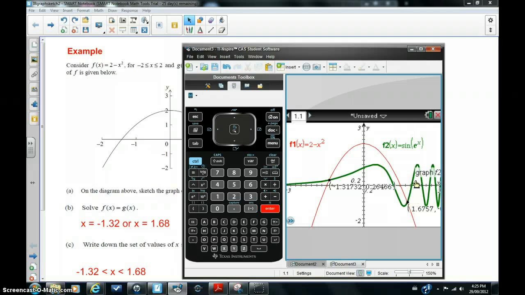Hit enter, and you can just see the x value there. I could move it actually, see it a bit more clearly. It's 1.6757. So those are the two values of x where the two graphs meet, and basically you've solved this now. f of x equals g of x. So f of x equals g of x for these two values of x.